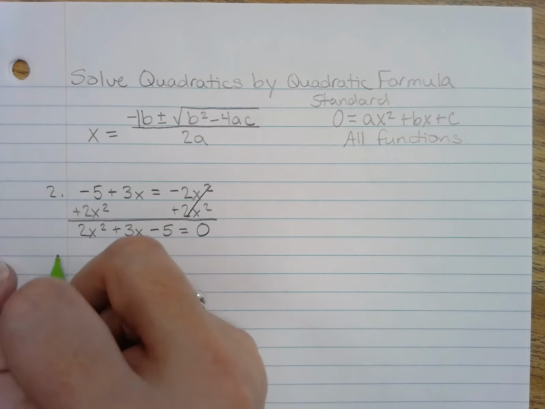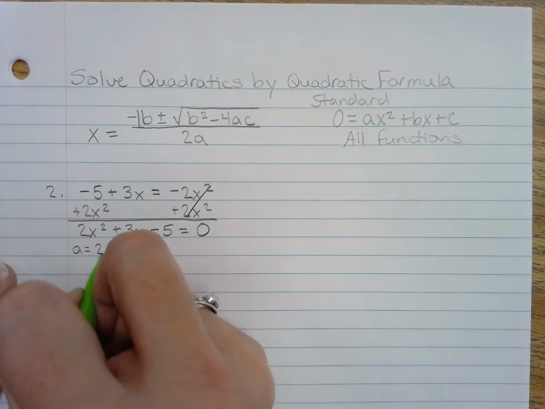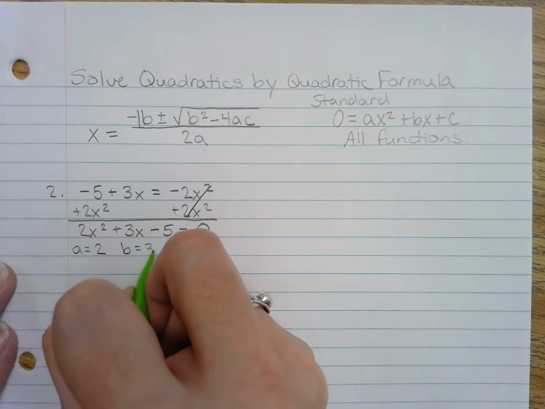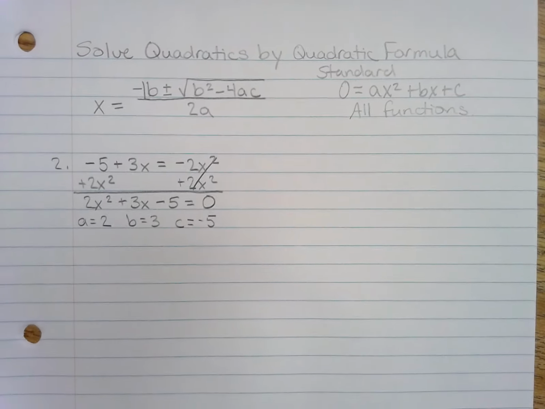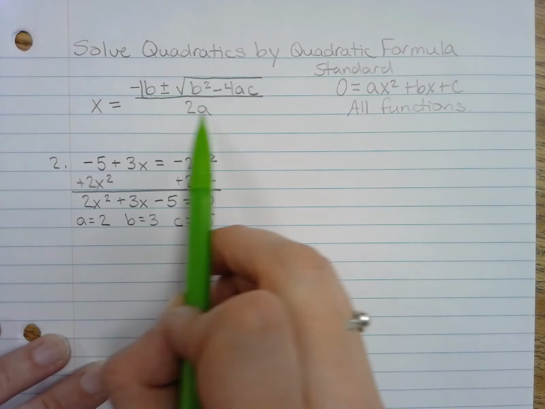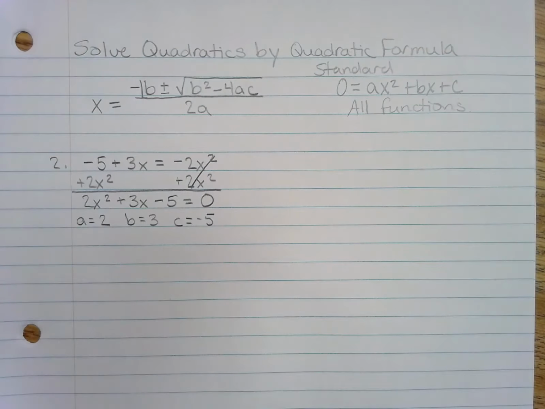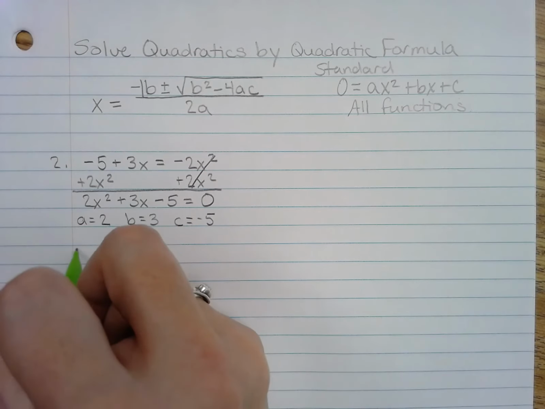Now we can name our a, b, and c values. So a is 2, b is 3, and c is negative 5. Feel free to go ahead and plug everything into the quadratic formula. It is my preference to go ahead and just start with the discriminant first.